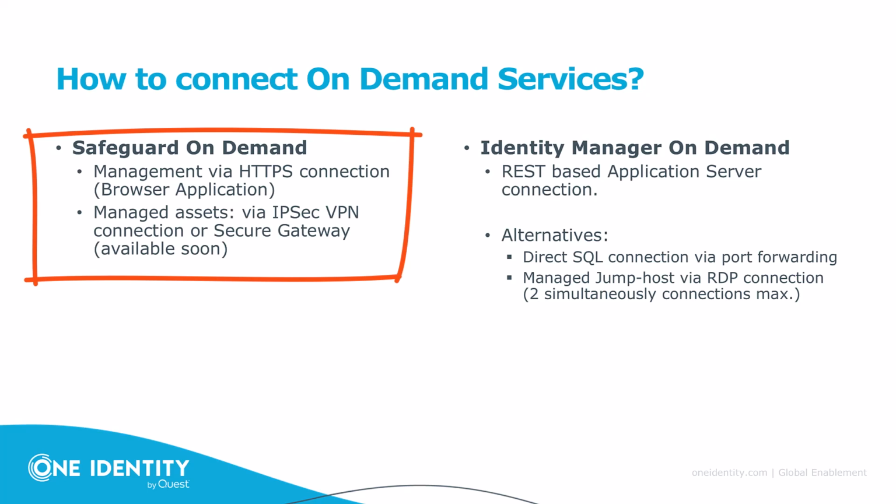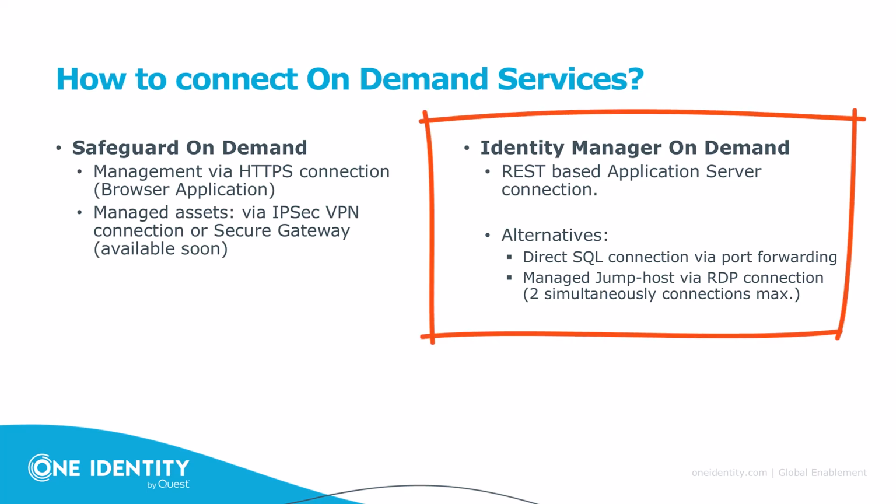So there's no need for installation of any agent on the managed assets. Soon, a secure gateway will be released that replaces the need of IPsec tunnels. So we will provide a VPN-less connection method for Safeguard on demand.